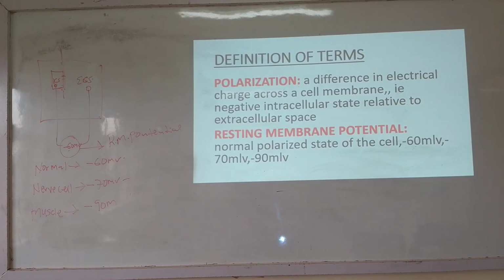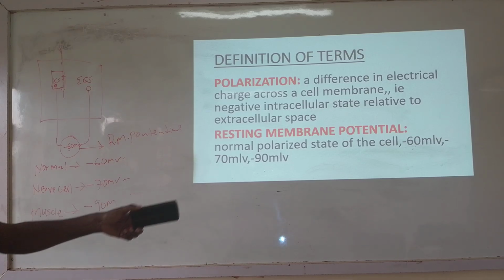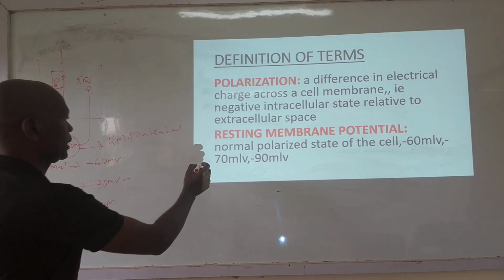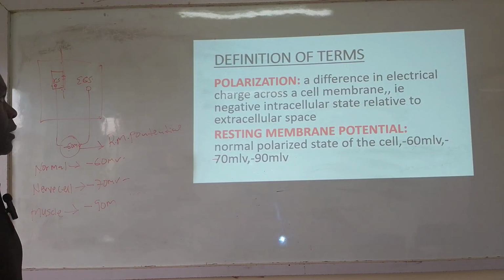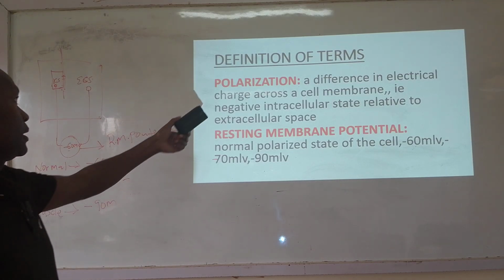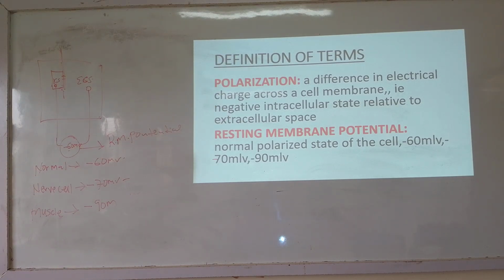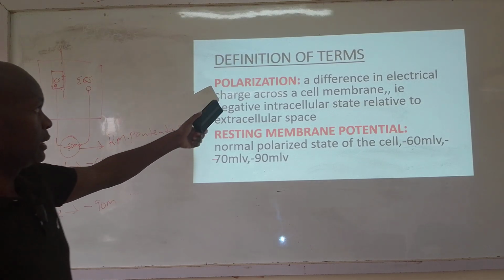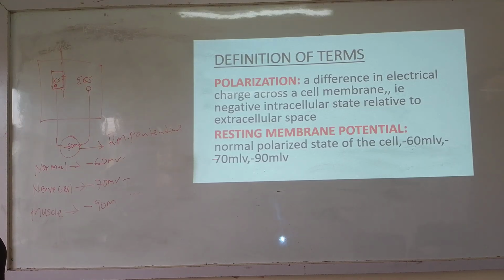It can be negative 60 millivolts, negative 70 or negative 90. So when the cell has this charge, we say this cell is polarized. That is why we define it as a difference in electrical charge across a cell membrane.